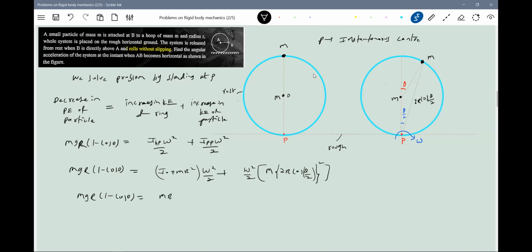So I_0 is mr square as it is a ring. So this will become omega square m times 4r square cos square theta by 2.